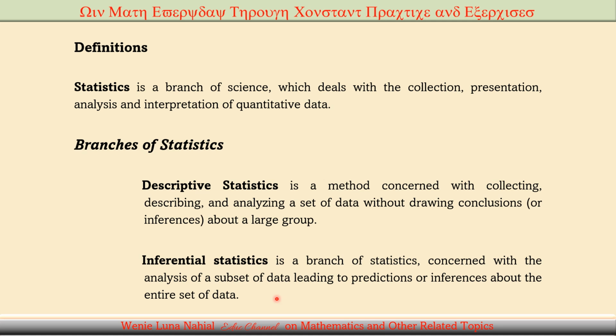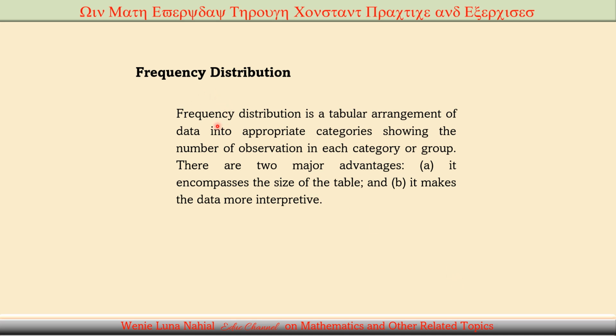So here, we use a sample of a population to make a prediction or a conclusion about the population, using the sample to make an inference about the characteristics or attributes of the population where that sample was taken. Then we have frequency distribution.